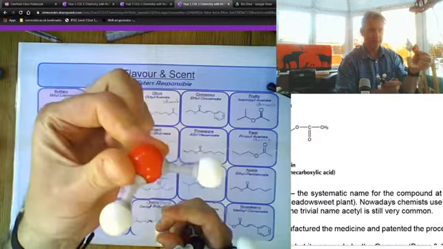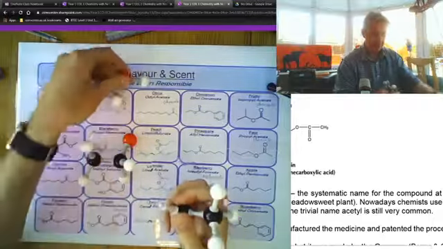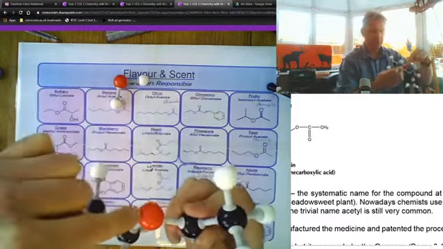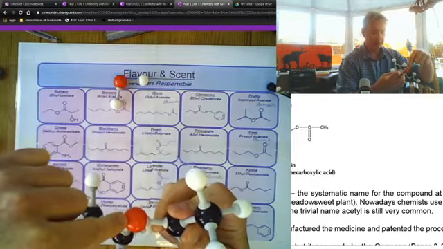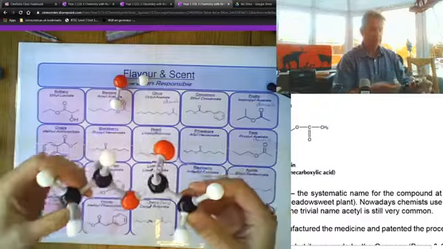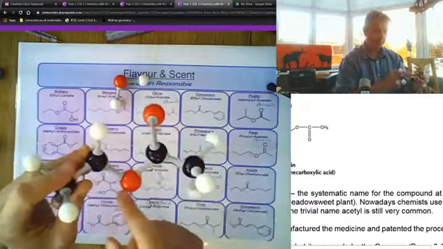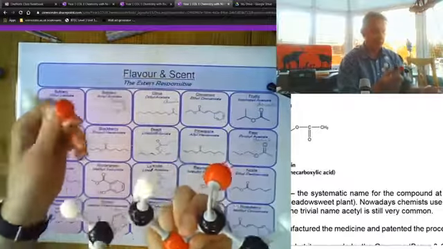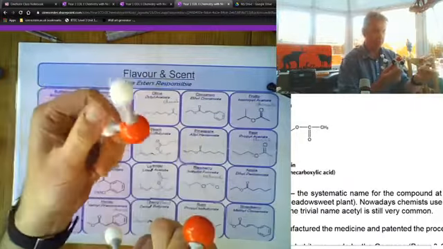So here's my water molecule, which is a good leaving group. And the molecule joins on here because this oxygen which was on the alcohol has come in and attacked here. So now I've got my ester linkage. I've had esterification. We've eliminated a small molecule.